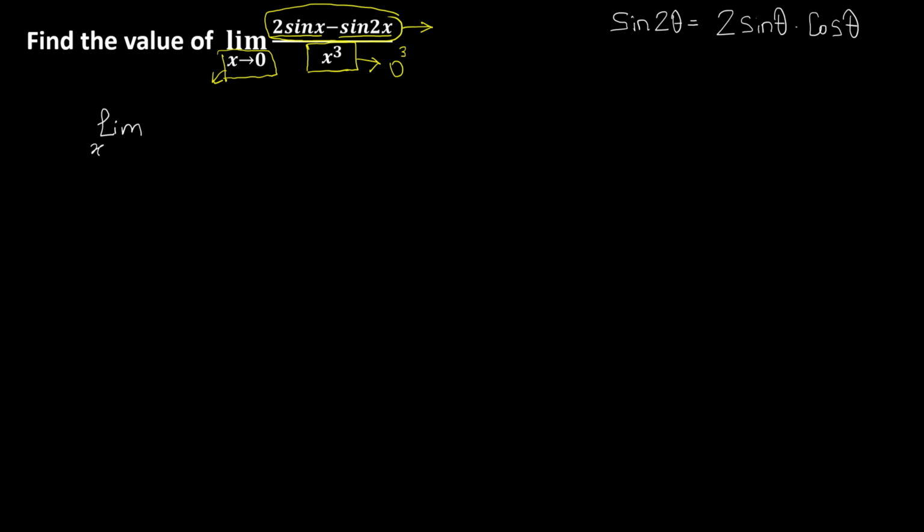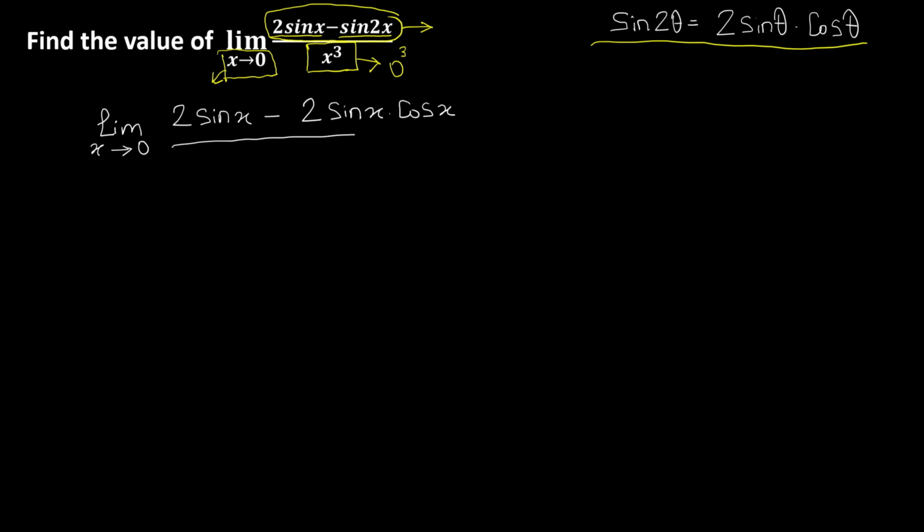Limit x tending to 0, 2 sine x minus this sine 2x, which can be written as 2 sine x times cos x, and this came from this result over here, divided by x cube.